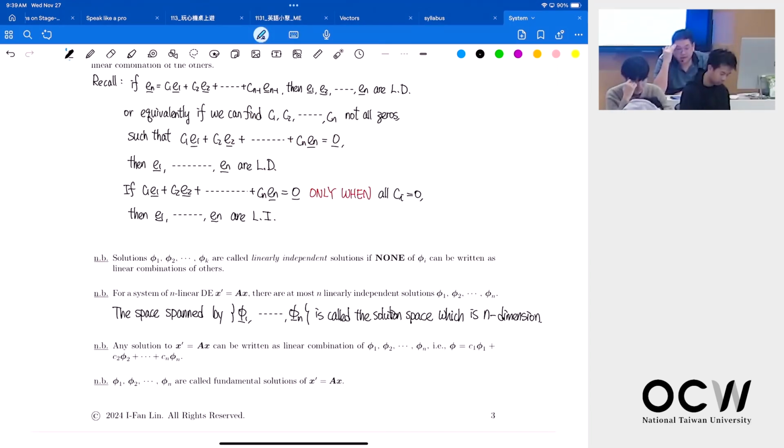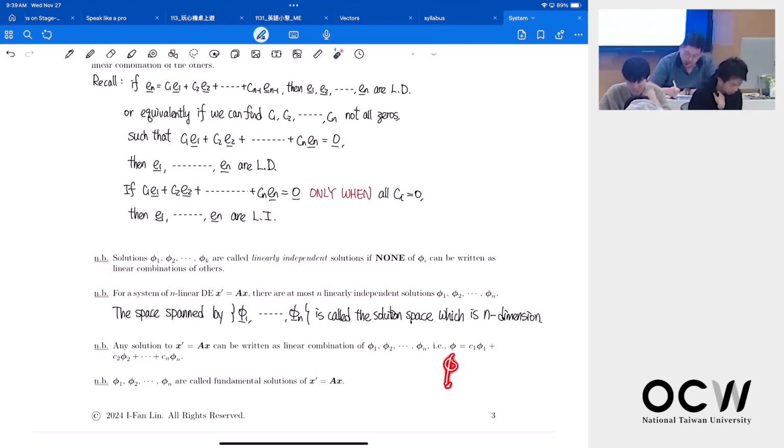Now, if I find n independent vectors, any solution for these homogeneous systems can be written as a linear combination of phi 1 to phi n. So I can have another solution phi that is a linear combination of phi 1 to phi n.